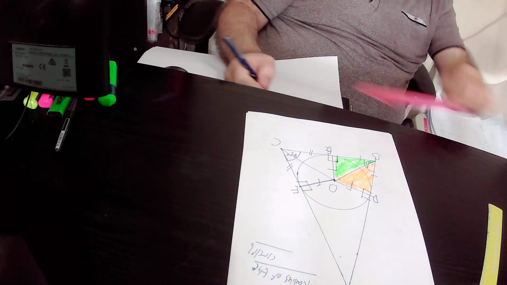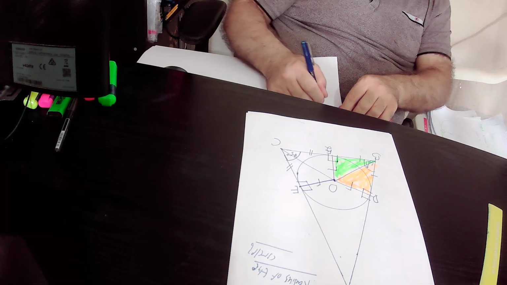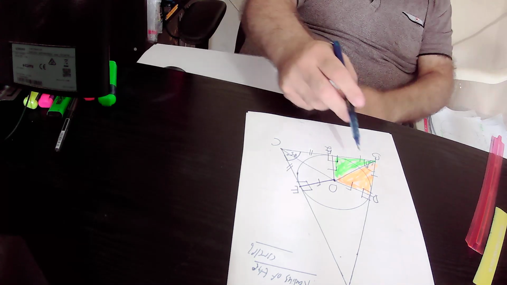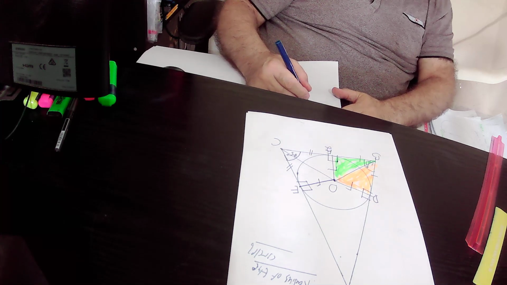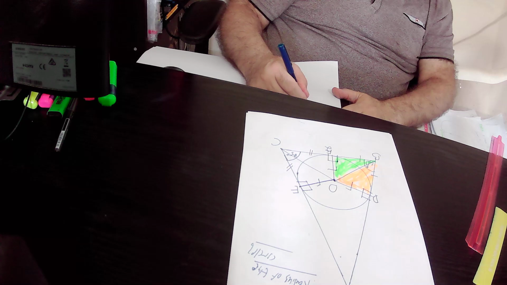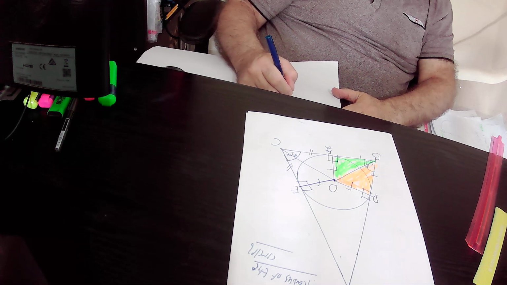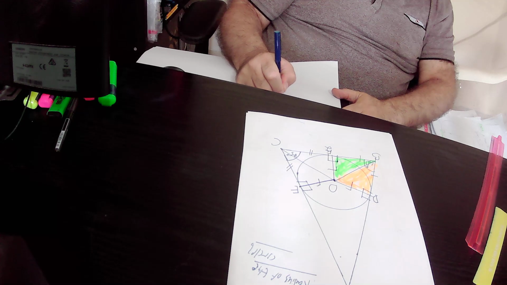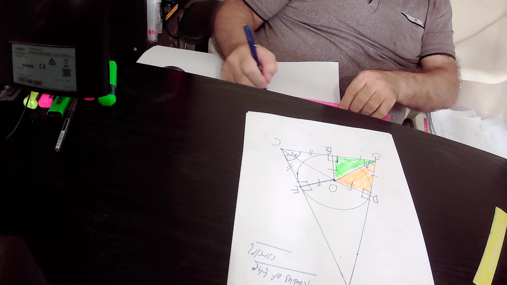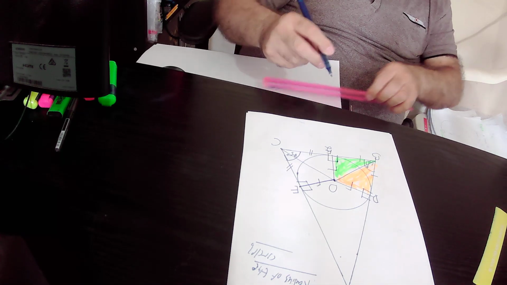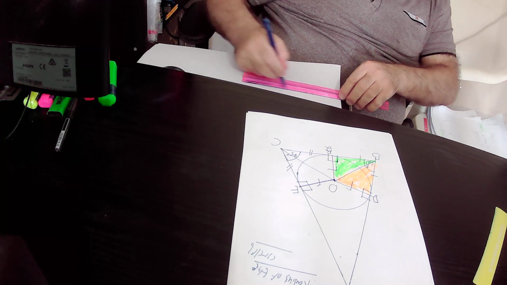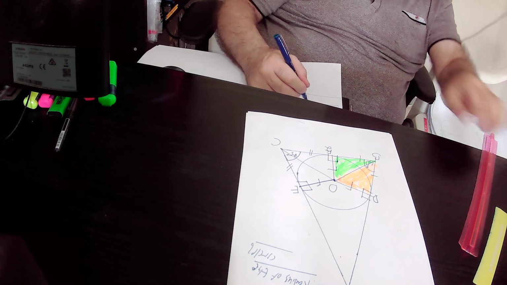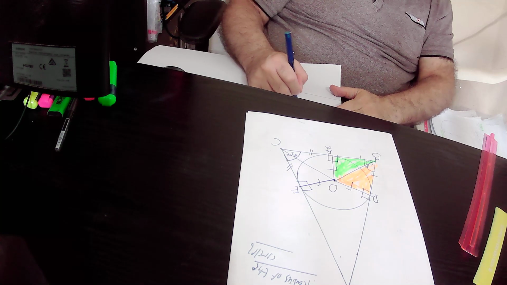In addition, DO equals OF, they are both the radii of the circle. They are equal to R. And finally, OB is the common side that belongs to both triangles. Therefore, OB equals itself. OB equals OB.